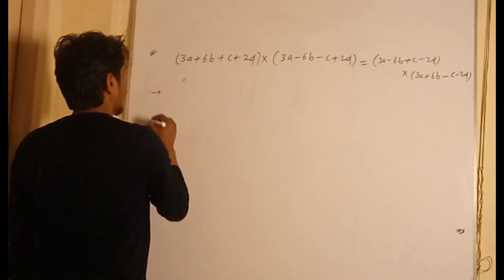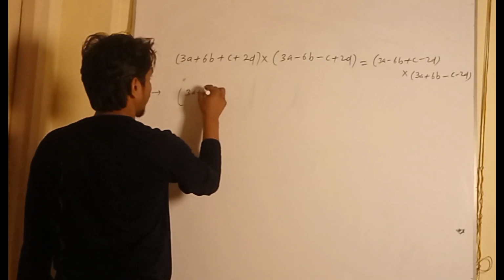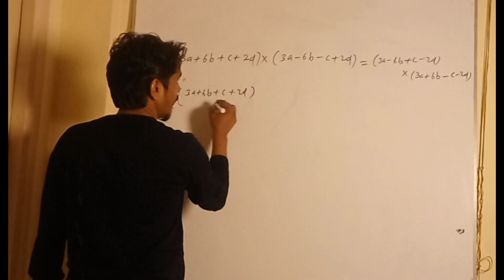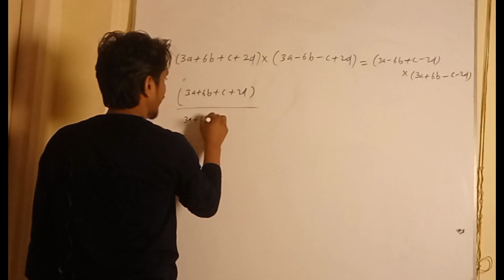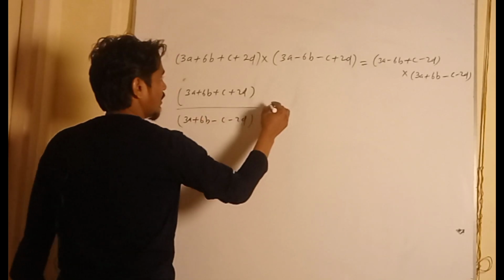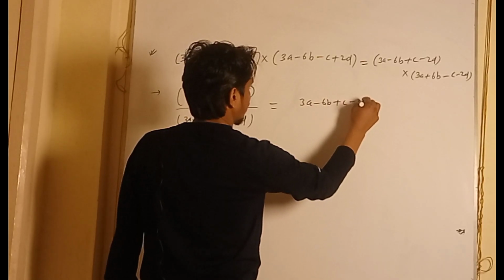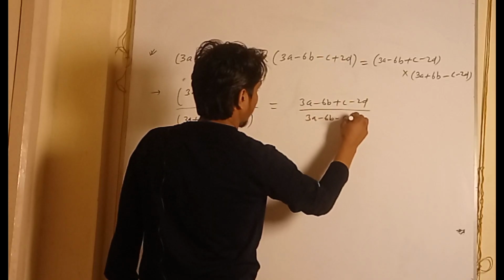So by doing this, we'll get 3a plus 6b over c plus 2d, that goes to the denominator, 3a plus 6b minus c minus 2d is equal to 3a minus 6b plus c minus 2d divided by 3a minus 6b minus c plus 2d.